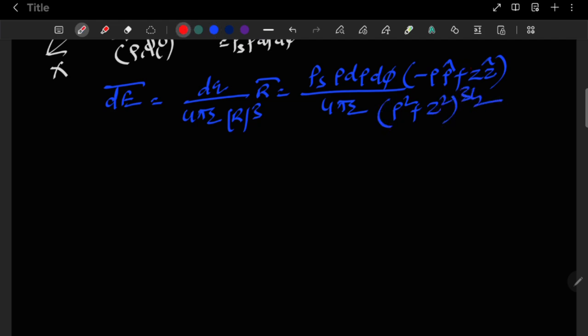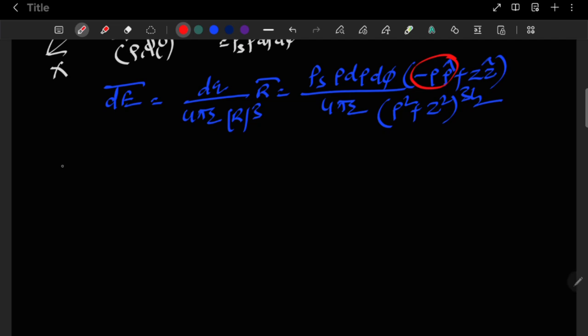As we know, due to the opposite charges, the rho cap components will cancel, so the resultant field will be in the direction of the z cap only. So this can be removed.